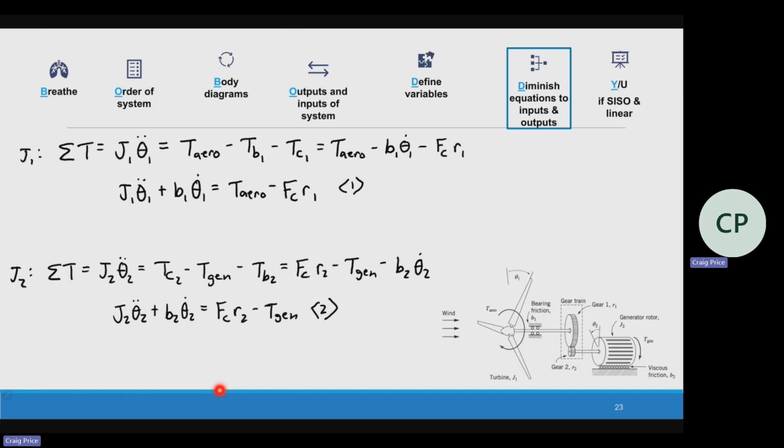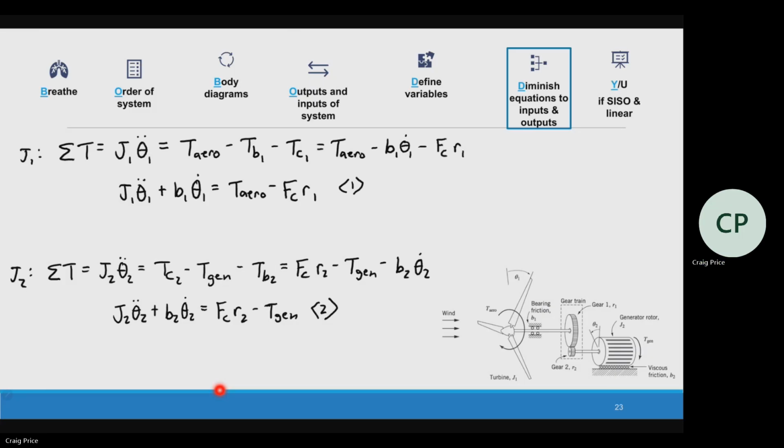First, something we can do. Now, in the homework, it often specifies what the output should be, like what our transfer function should be. We're using displacement theta as our output, but when I'm looking at this equation right here, I don't have a theta.